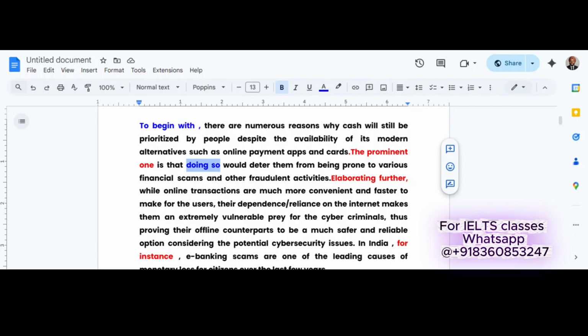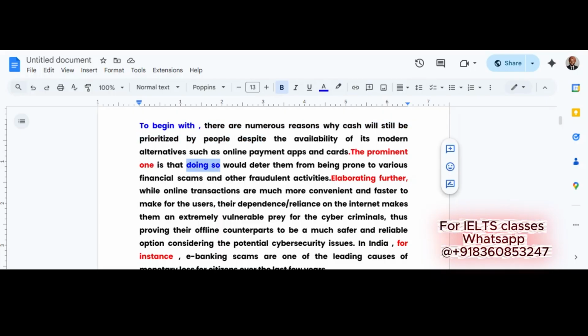I'm not writing that the prominent one is that if people use cash, or if people make payments with cash, then it would help them not to be prone to financial scams and fraudulent activities. I'm not repeating the whole thing again, I'm just writing doing so.